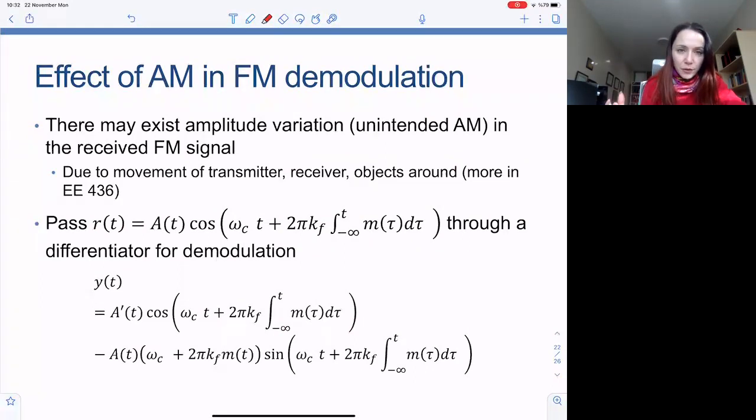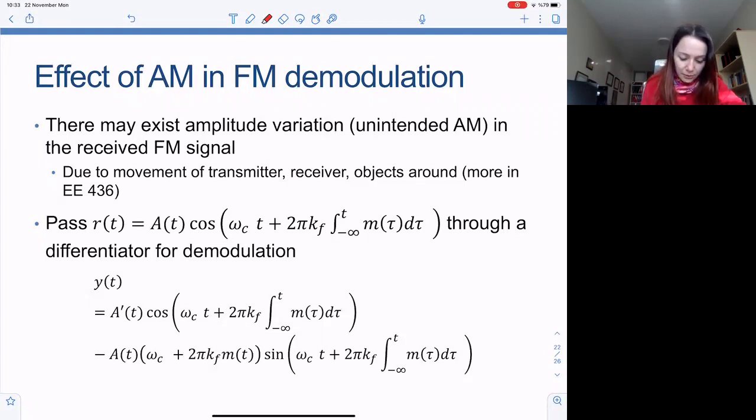As you know from the theory of frequency modulation, ideally we have a constant amplitude signal, a constant amplitude sinusoid, whose instantaneous frequency is modulated, right? However, in practice, due to the movement of the transmitter, receiver, objects around them, etc., that you will study more in EE 436, there is going to be amplitude variation on top of the signal. That is unintended amplitude modulation. So how do we take care of that?